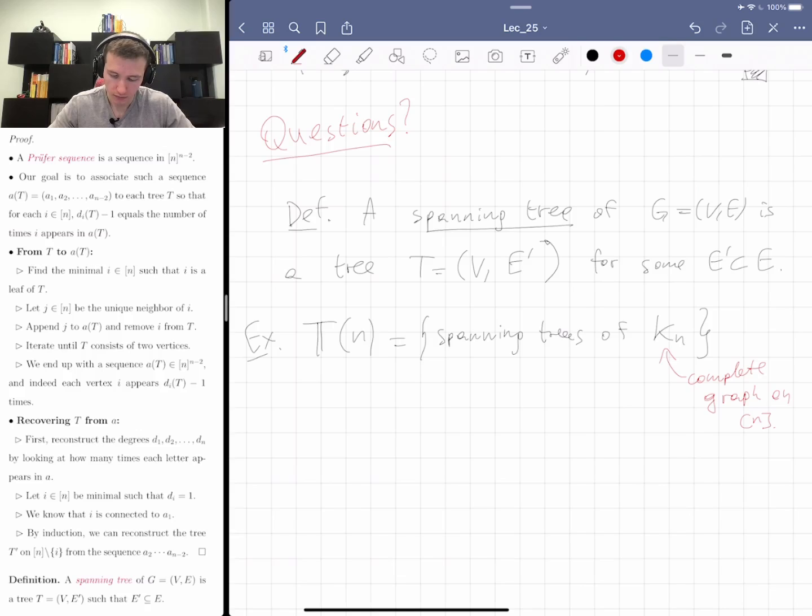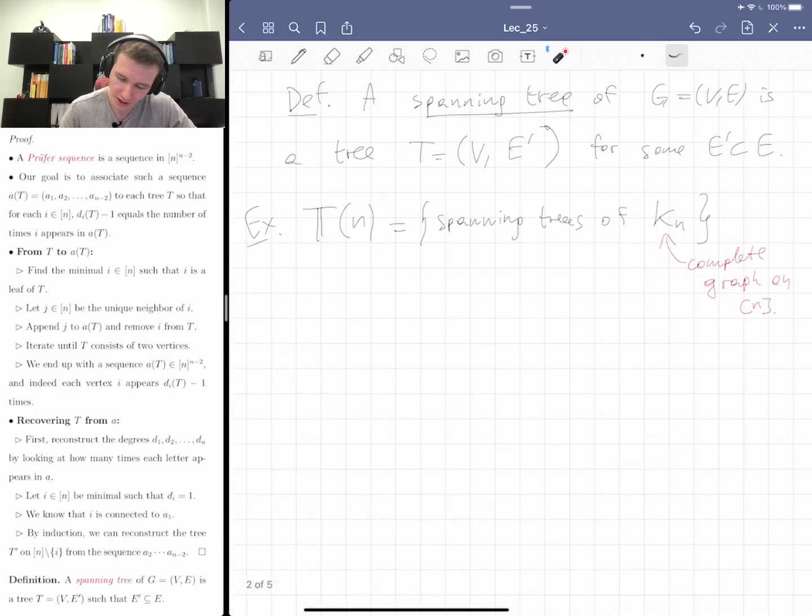But now you can ask this question about other graphs. You don't have to take Kn, and actually, eventually I'm going to tell you a formula. There's a beautiful formula for an arbitrary graph, which you can compute the number of spanning trees in polynomial time, which is sort of unclear from this definition.